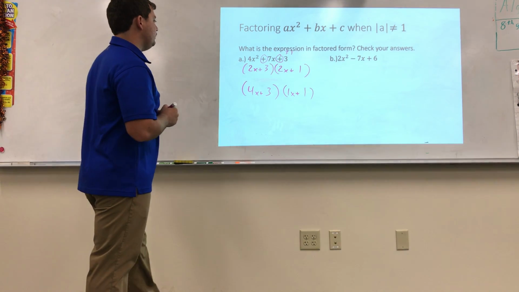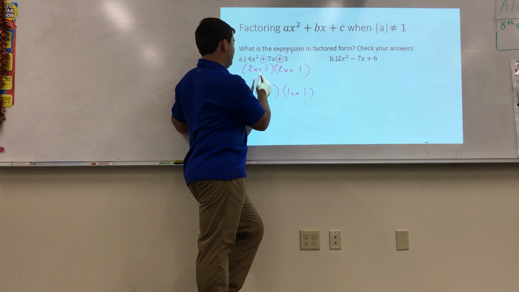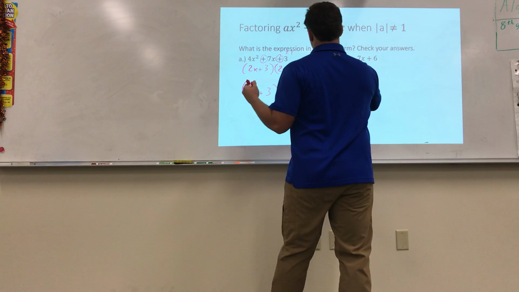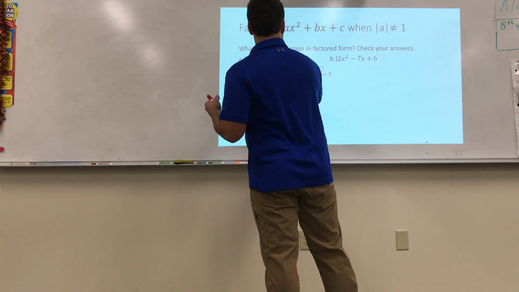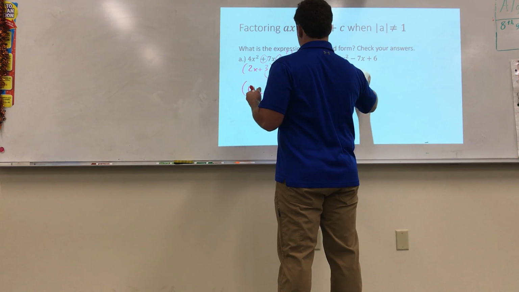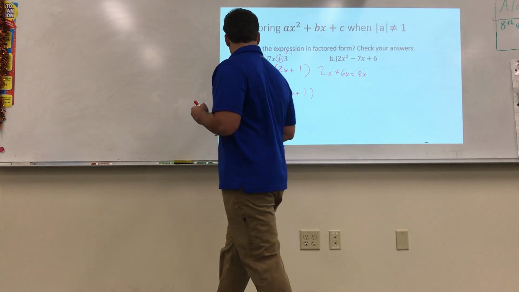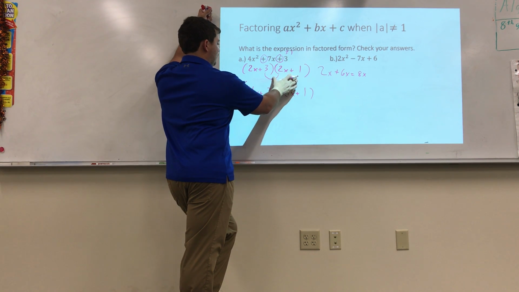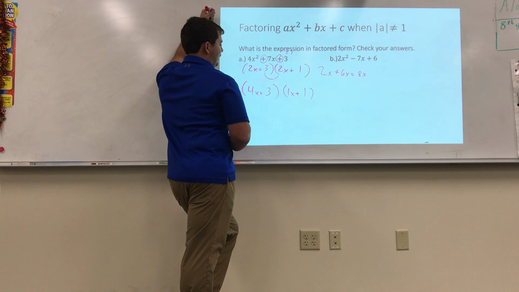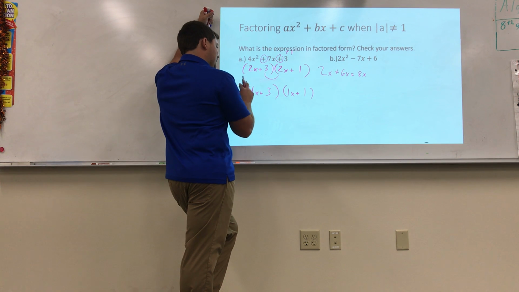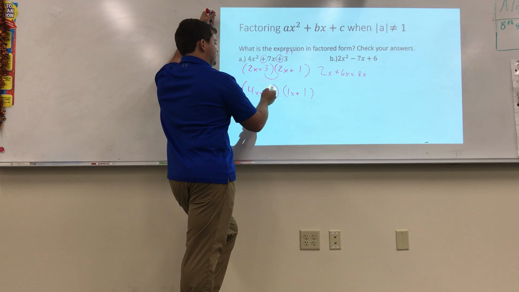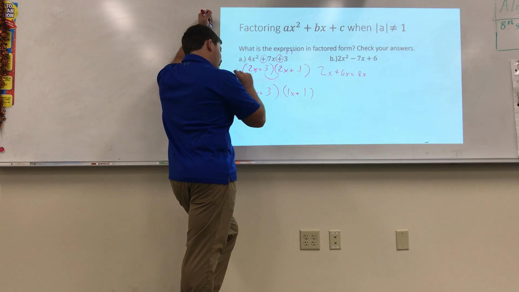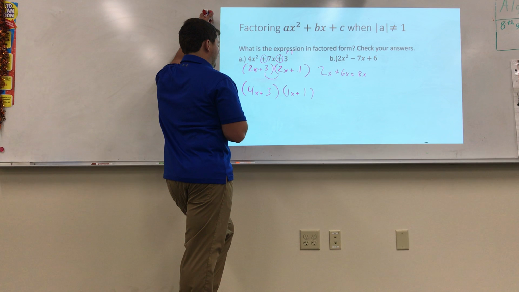Right now we have 3 times, we'd have outside, which would get 2x, right? 2x. We do inside, we get plus 6x. That equals 8x. Does that work? No. Now, you could flip these two, but when you're multiplying everything by 2x, both of these by 2x, it's going to get you the same thing. So even if I put this here, I'm still going to get 6x, and I'm still going to get 2x. So that one I'm done with. There's no other way I can do it.